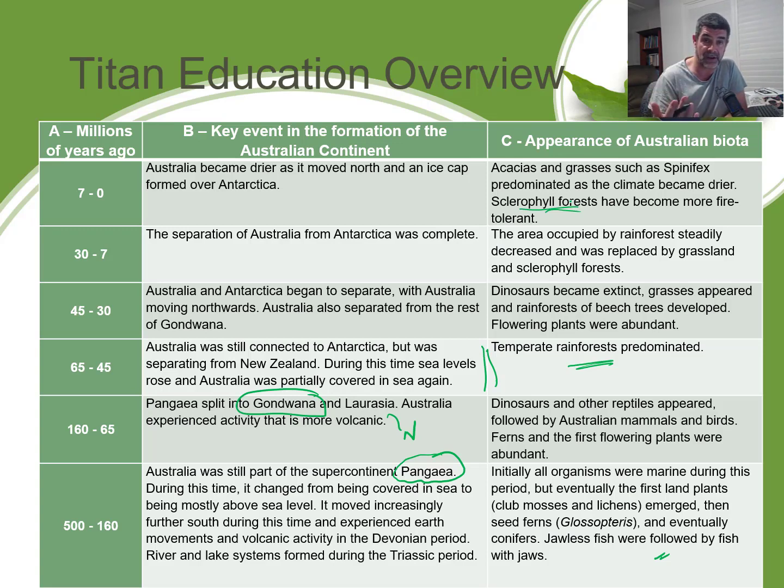What plants are dominating? Is there a change in the dominant plants? What animals are dominating? Is there a change in the dominant animals? One of the things that we will look at a little bit later is the Australian megafauna.